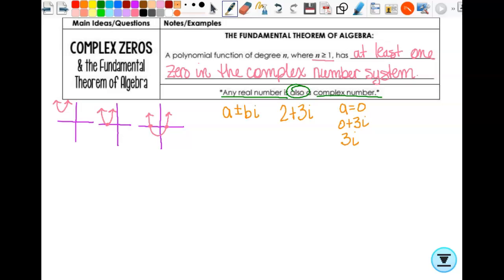There was no plus or minus anywhere. That's a complex number. If b is equal to 0, then I would have 2 plus 0i, which is just 2. So 2 is a complex number. It just has a 0 with the imaginary part.